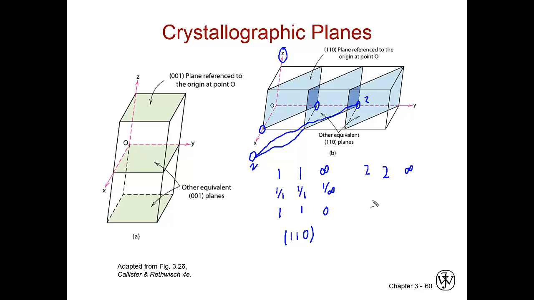So infinity, and then I take the inverse, 1 half, 1 half, 1 over infinity, and then I would multiply through this time by 2 because I have fractions and we don't want fractions. So multiplying through by 2 would give me 1, 1, and 2 times 0 is still 0, and then we put it in parentheses. So we have effectively the same plane as here and here.